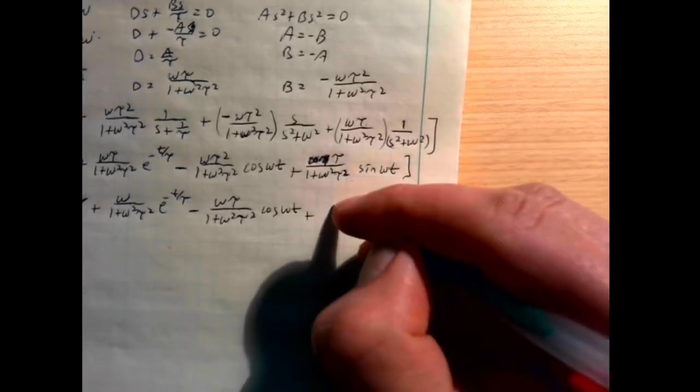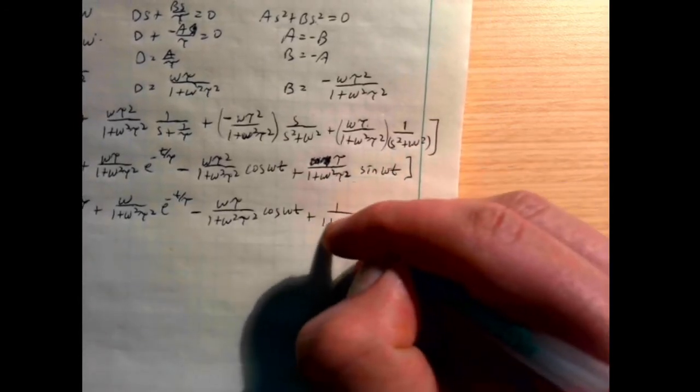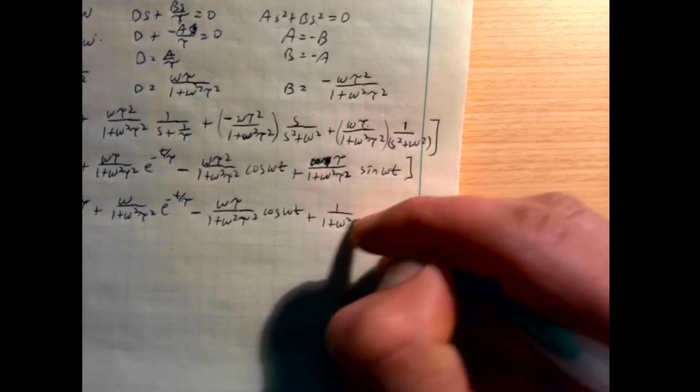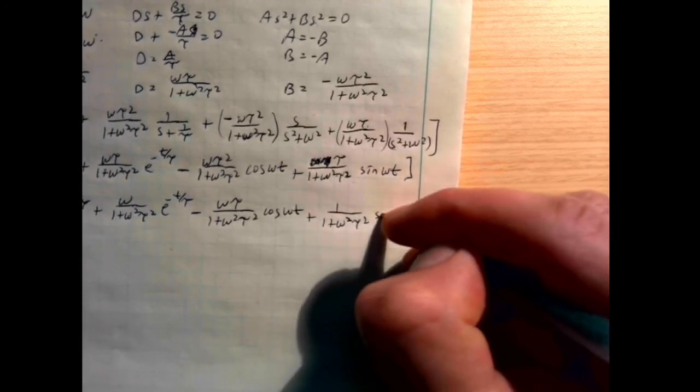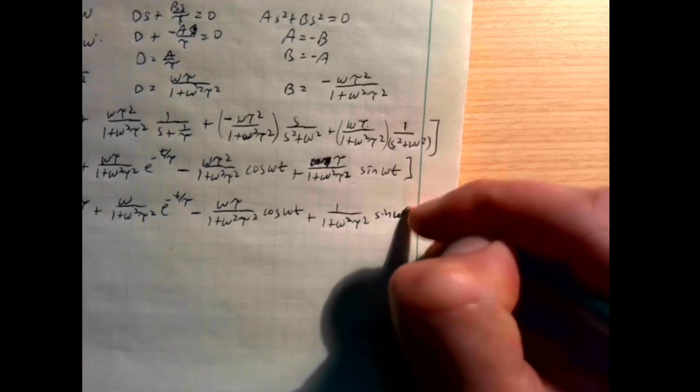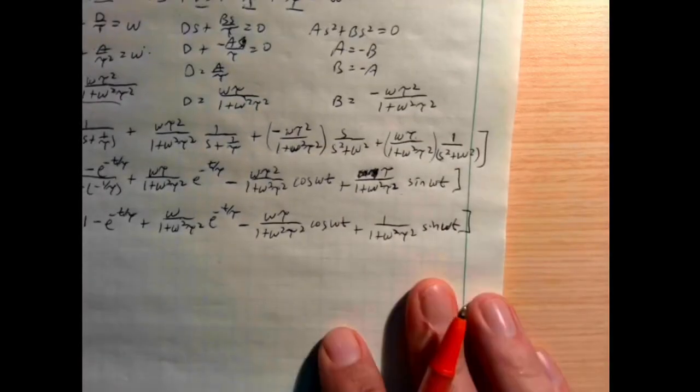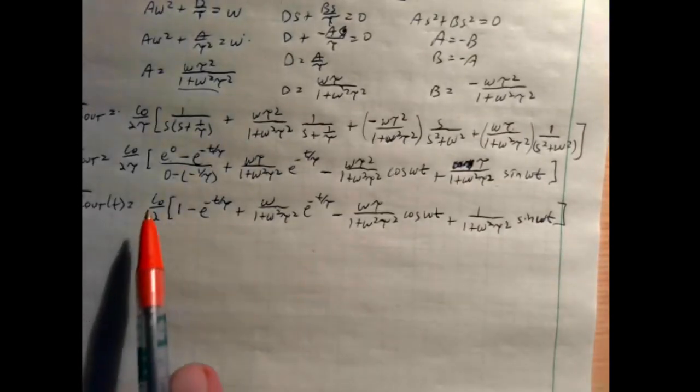And then the last one, the tau cancels out, 1 over 1 plus omega squared tau squared times sine of omega t. So there it is. We've done the inversion, and this big long function is going to give me the output for this oscillating input function.